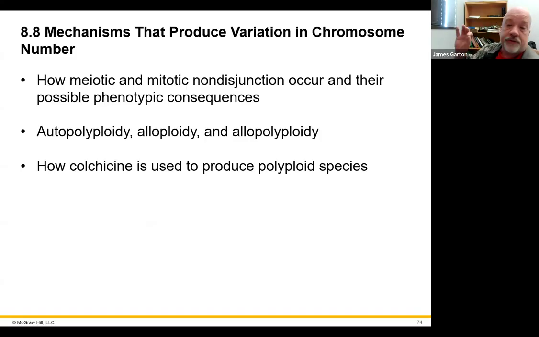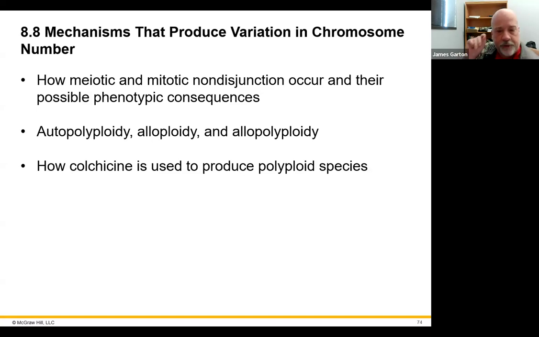But there are various mechanisms that can produce variation in chromosomes. And there can be all kinds of different non-disjunction errors that might happen after certain events and might change the phenotype in specific ways. And there's something called autopolyploidy, alloploidy, and allopolyploidy, which we explain in a little bit.